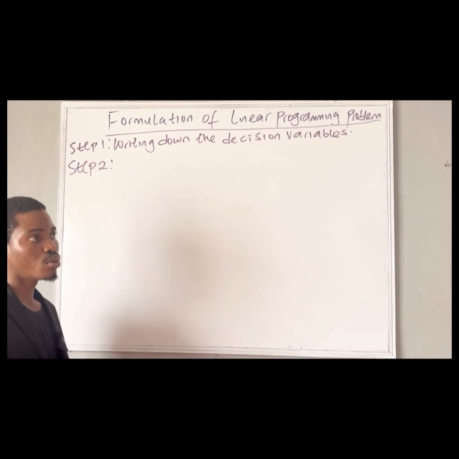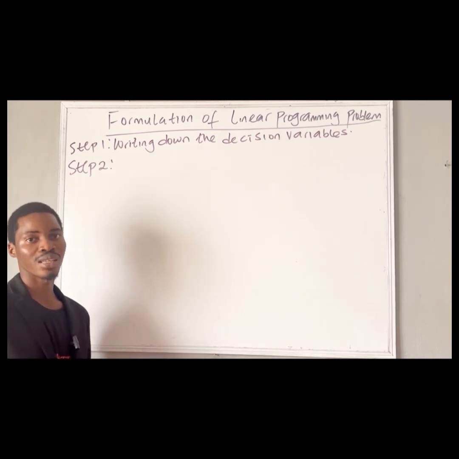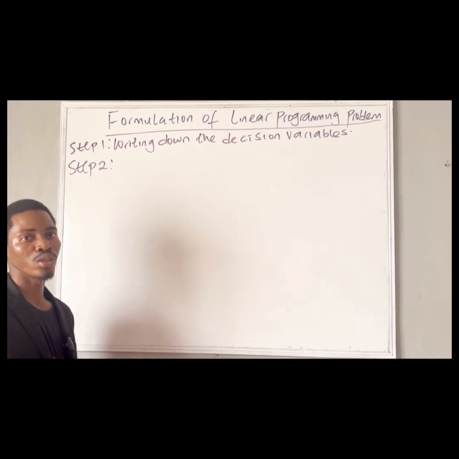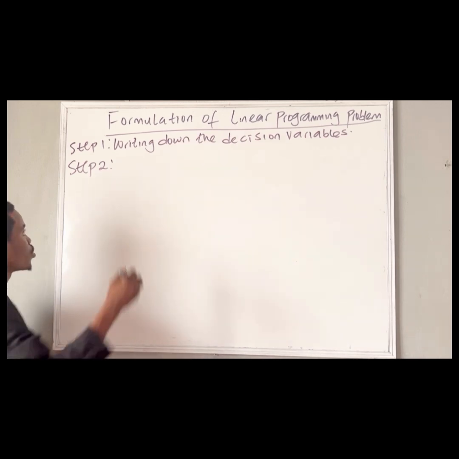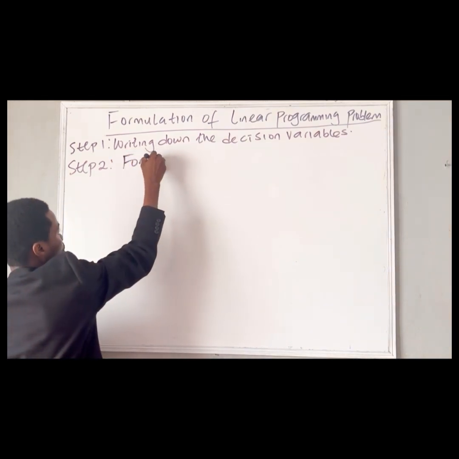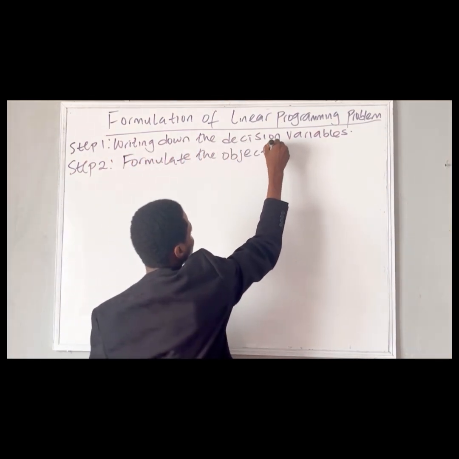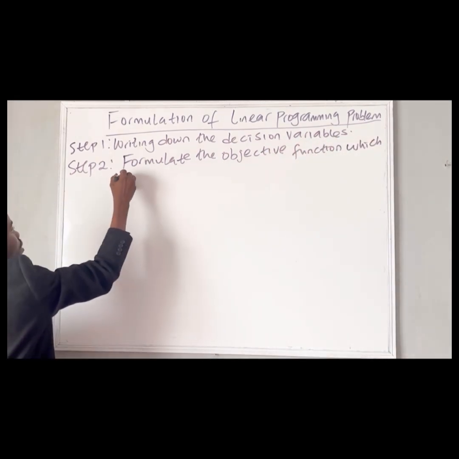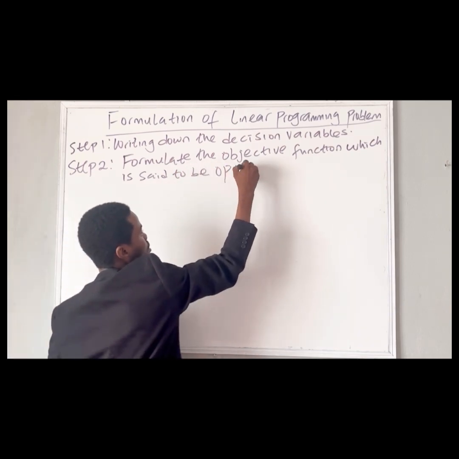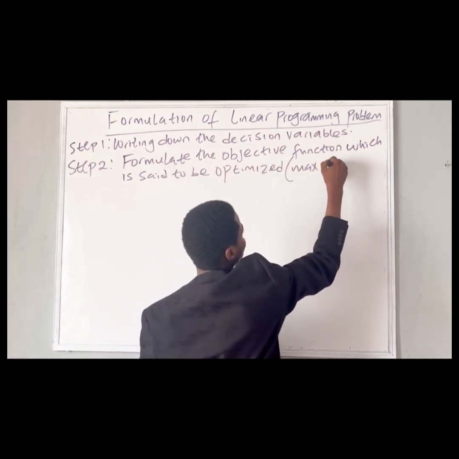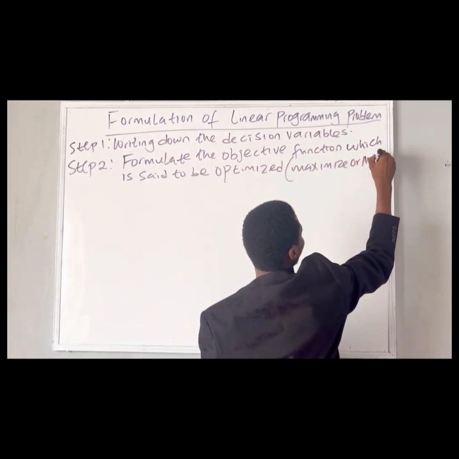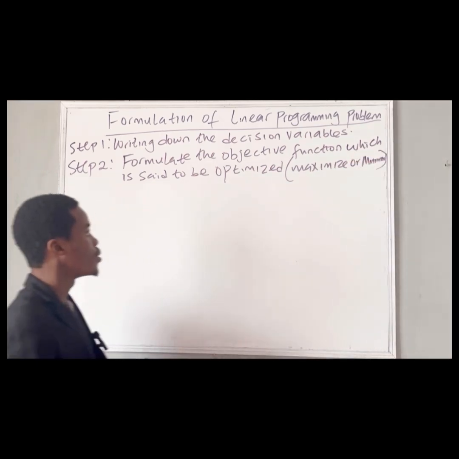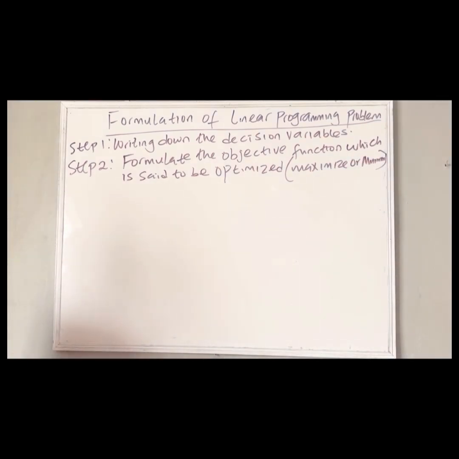After we write the decision variable, our step 2 is to formulate the objective function. I told you in our previous lesson that the objective function deals with optimization, that is, we maximize or we minimize. So we formulate the objective function which is to be optimized.